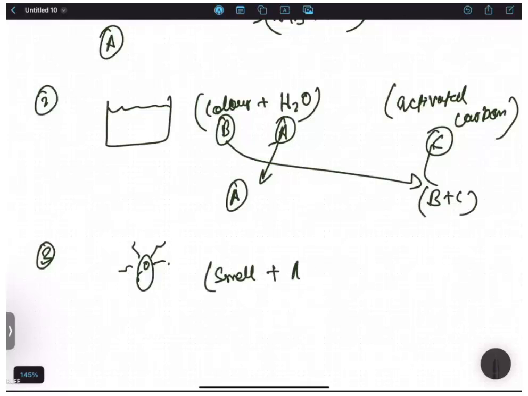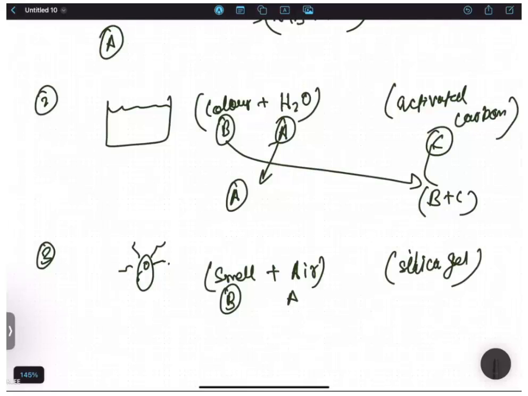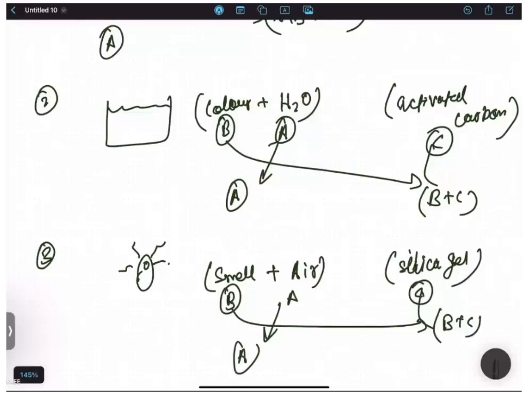We have smell plus air. Smell is your solute and air is your carrier, and you add silica gel. Once you remove the aerosol and take it in your hand, these aerosols are your silica gel. This is your C, so it will take away the smell. So you get B plus C and you get clear air, or smell-free air.